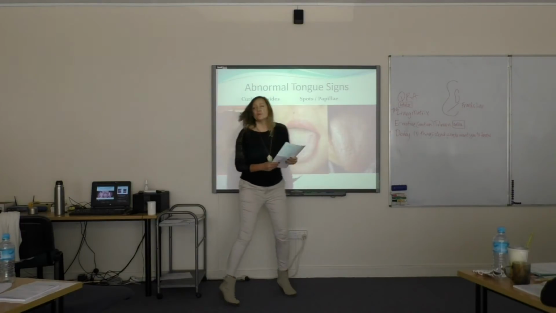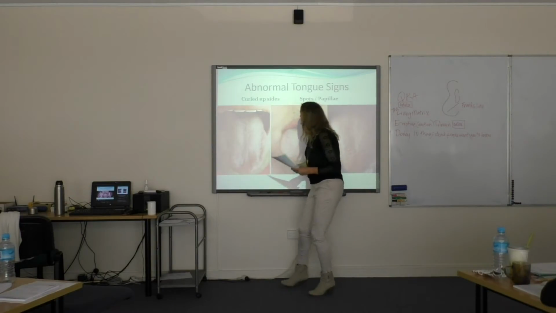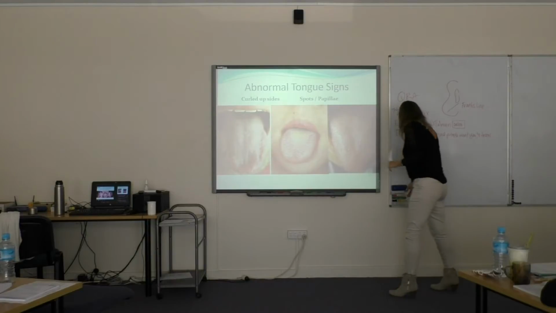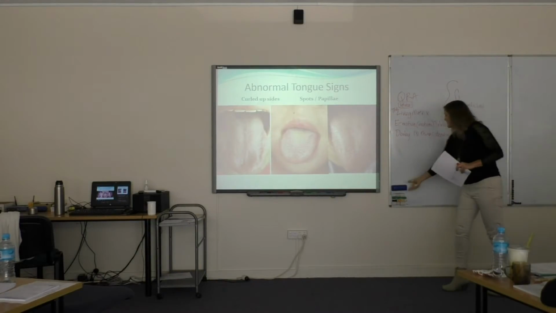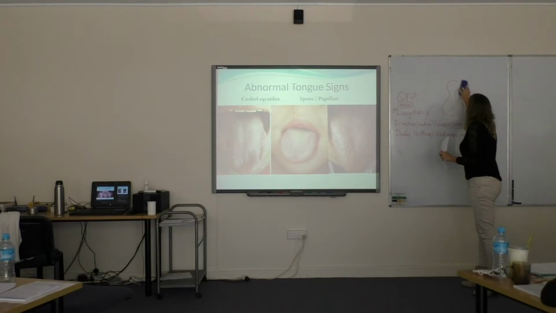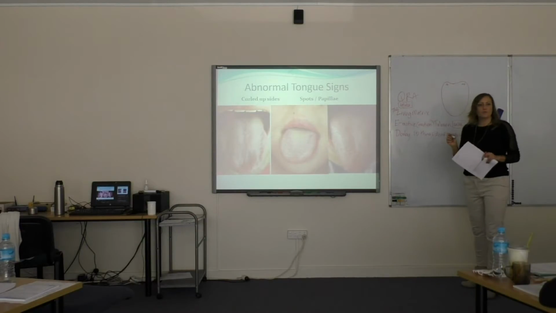What you'll see with some people, can't see it here, so I'll have to draw it for you. Hopefully we might see some today. Sometimes you see like one or two little bumps.